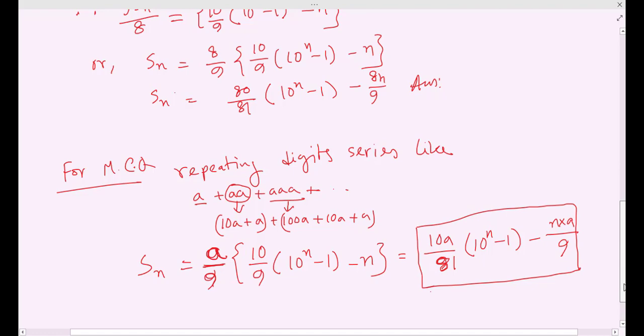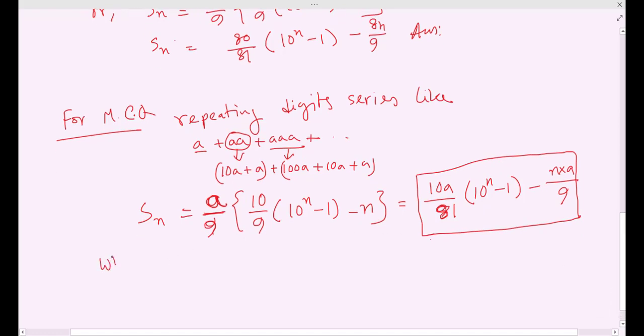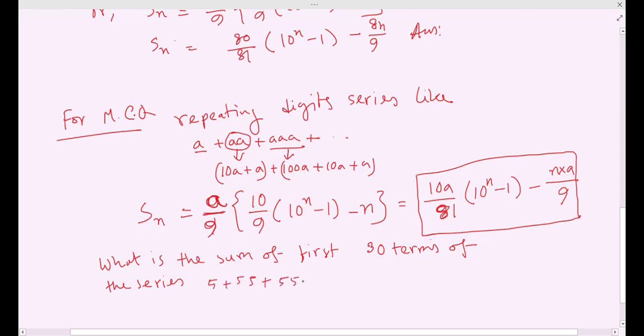Now if we were asked, what is the sum of the first 30 terms of the series 5 plus 55 plus 555 and so on, your answer will be like this: 5 by 9 times 10 by 9 into 10 to the power n minus 1, minus n.